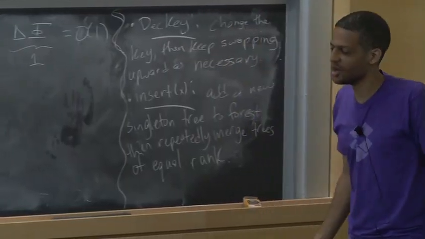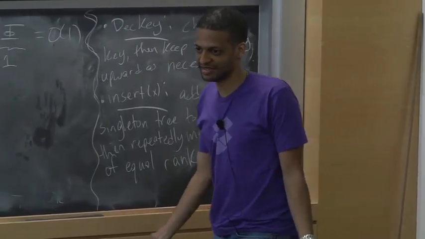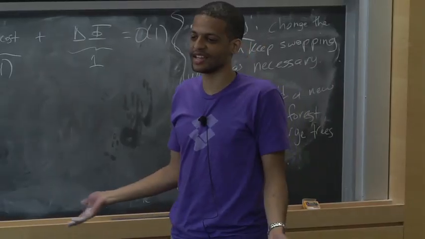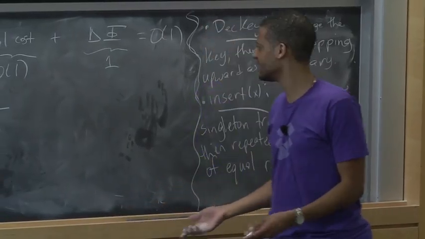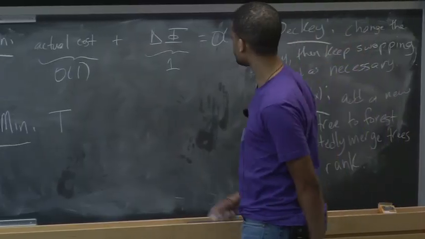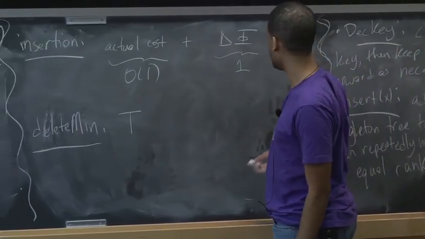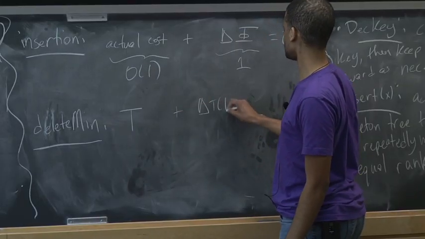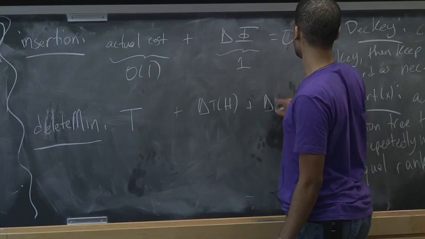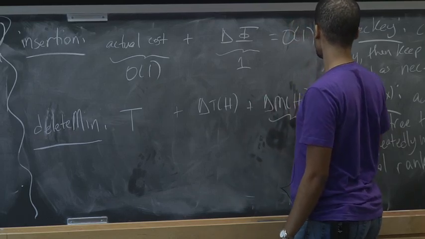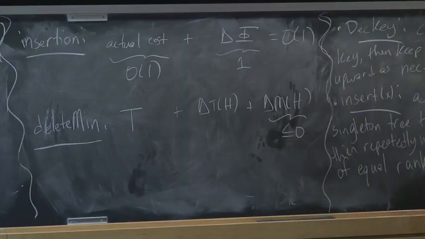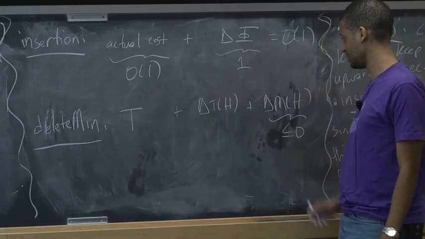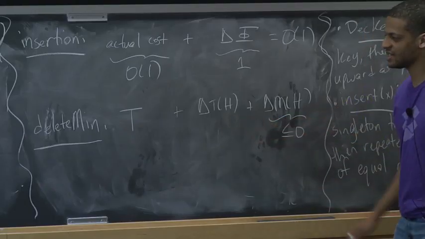Maybe. It might have gone down by one, but that's lucky. So let's just say it's certainly at most zero. So the difference in the number of trees plus the difference in the number of marked items is certainly at most zero. No one's being marked or not gets changed by deleting the min, and the min himself might have been marked.